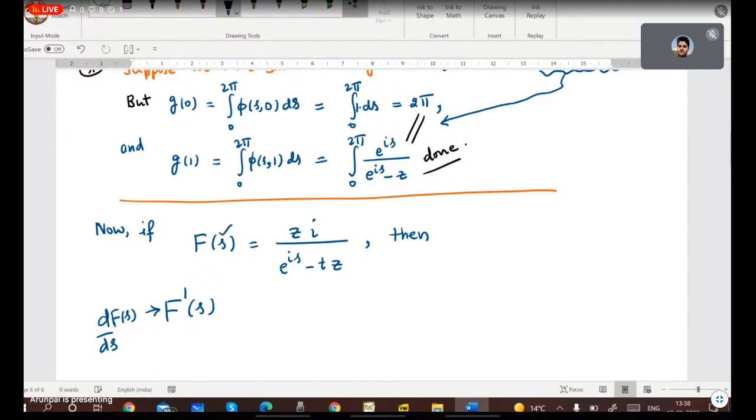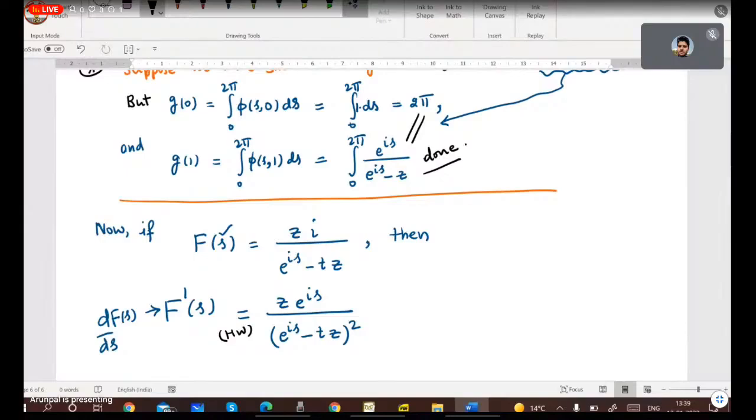We are taking it as a function of s. So you can easily see that it will come out to be this. You just have to differentiate capital F with respect to s. I hope you can do it, so this is your homework.